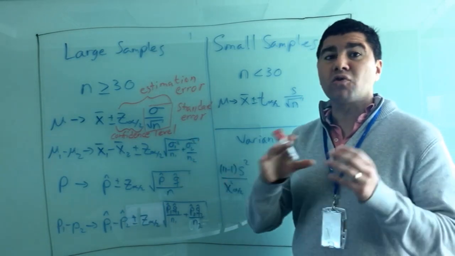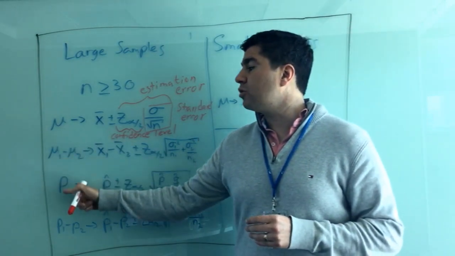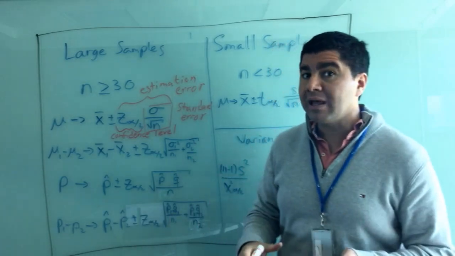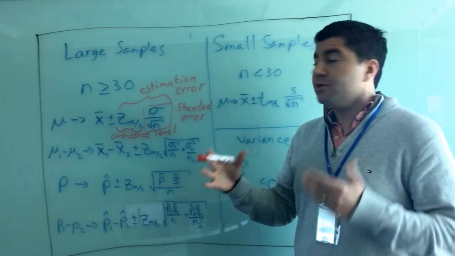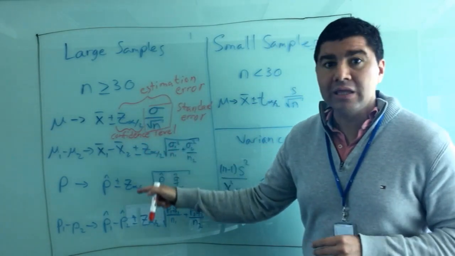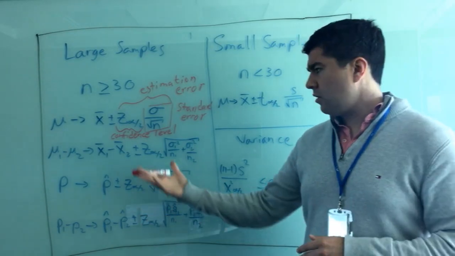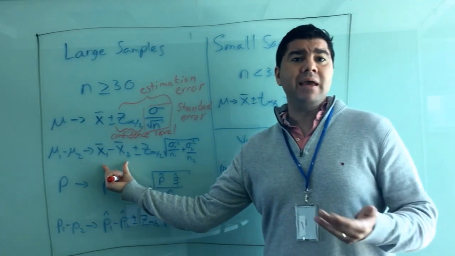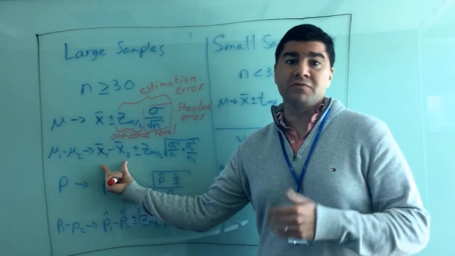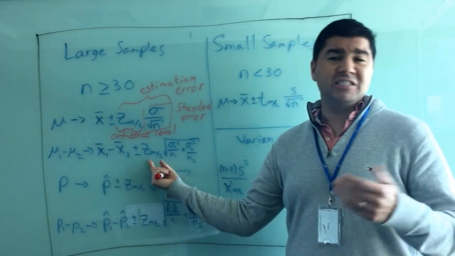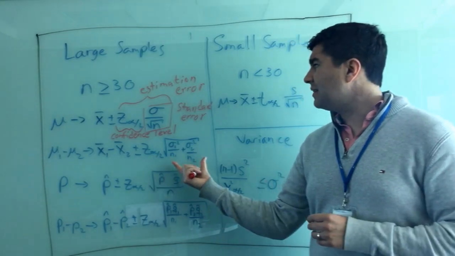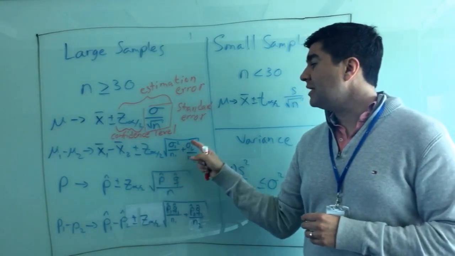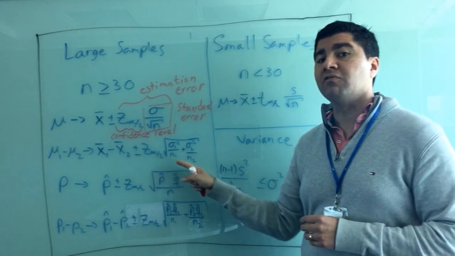It does because for each parameter that we want to estimate, the formula is different, even though the logic of each formula is the same. For example, in the difference of means, the estimator is going to be the difference of sample means. We have the same confidence level, and the standard error changes into this little function.